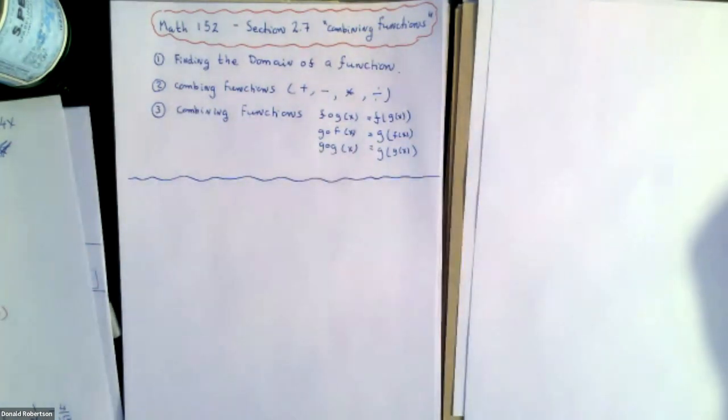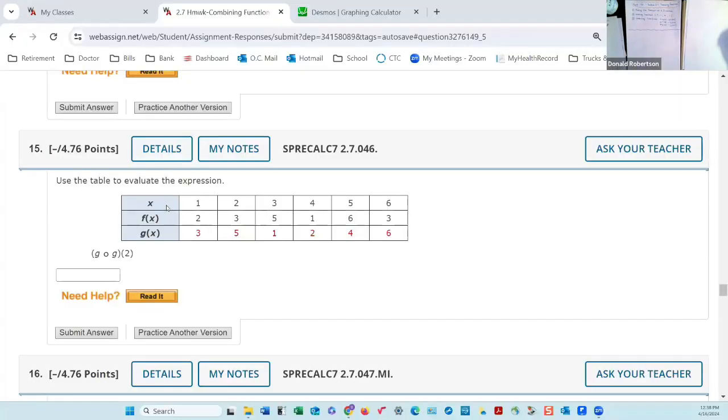So I'm going to shoot over to here, show you a table that's set up. Along the top are the values of x. Then you have the value of the function. So when x is 1, f of 1 is 2, when x is 5, f of 5 is 6, and so on. And then in red, we've got the values of g.